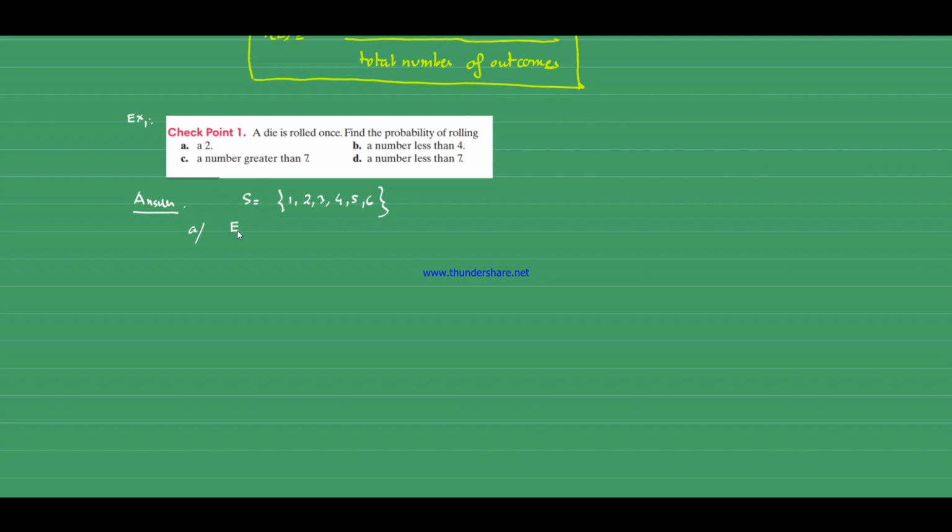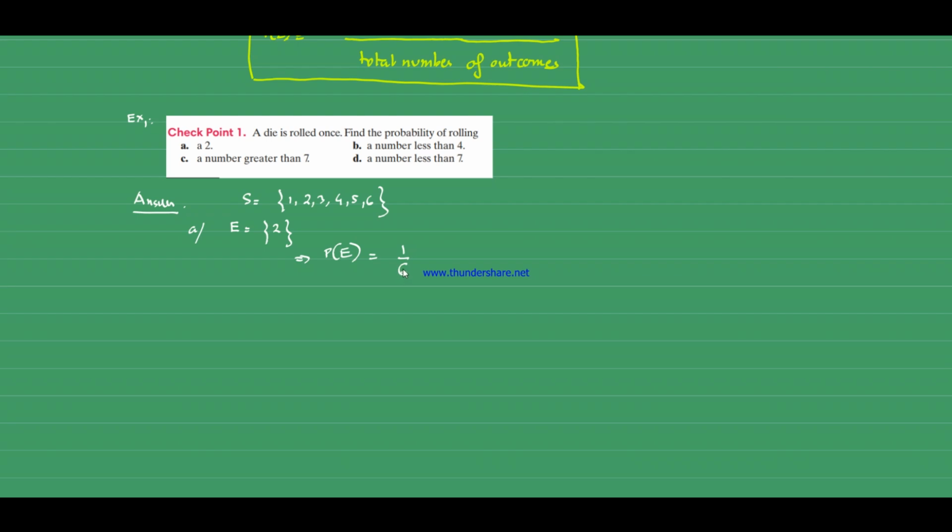The event is a subset of the sample space, in this case just 2. There's only one element in the event set and 6 elements in the sample space, so we get 1 over 6.